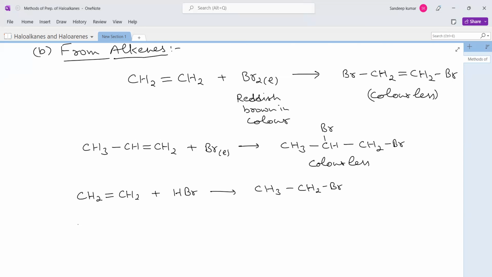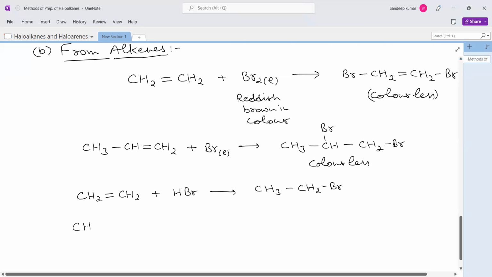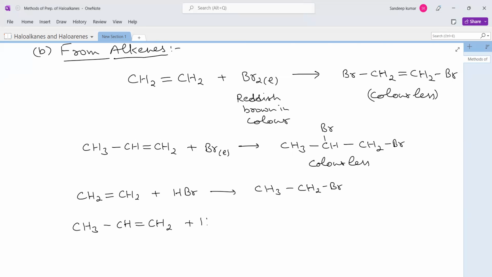But if we have an unsymmetrical alkene like propene, and we are adding HBr to it, then the addition is governed by Markovnikov rule.